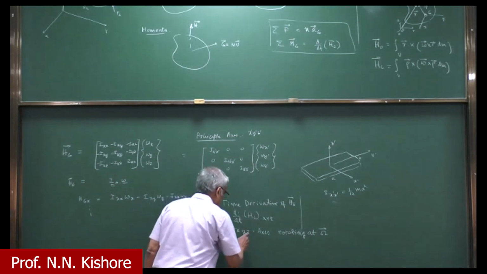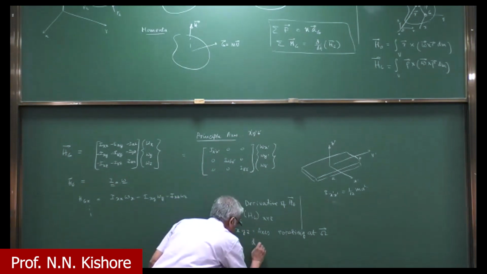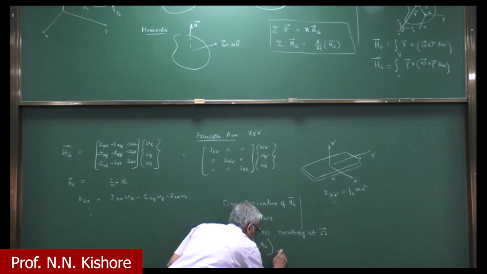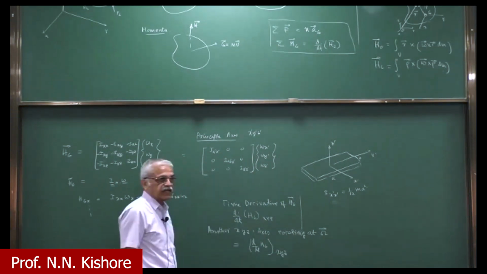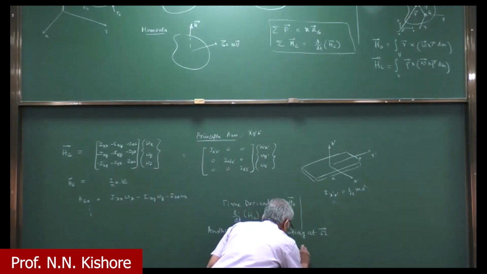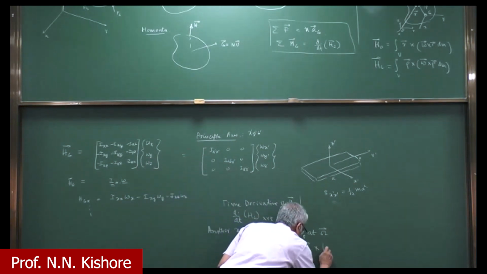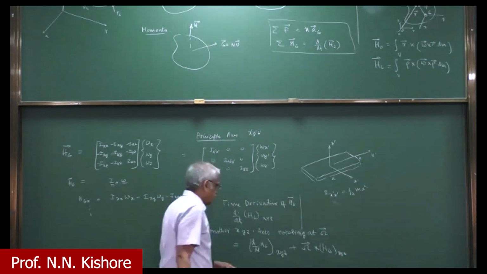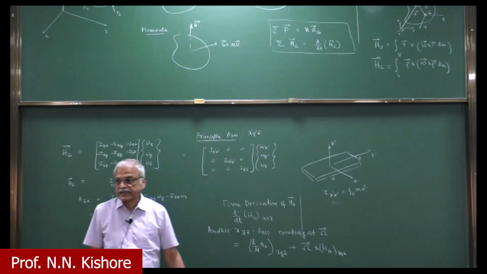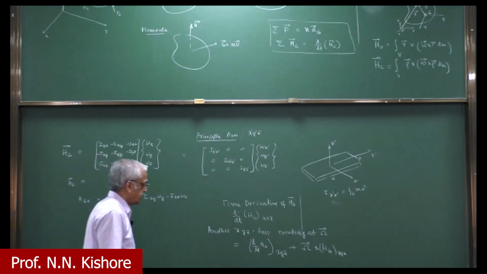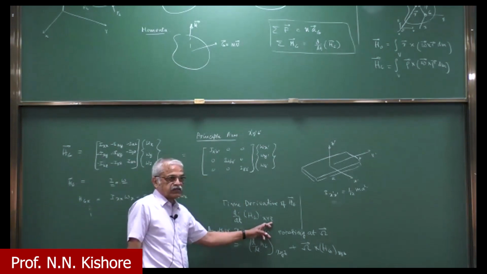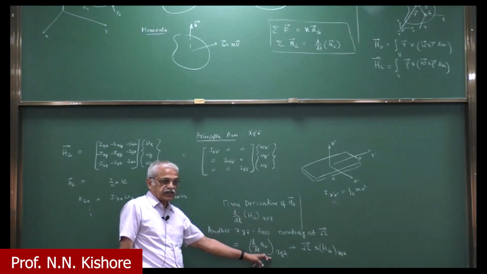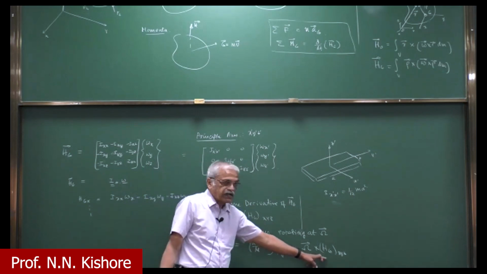So this will be d dt of hg with respect to small xyz, and then we have another term, omega cross. So if hg is measured with respect to small xyz, then what we have here is that this, with respect to the fixed coordinate system, is equal to the time derivative as measured in small xyz, and then we have another term.